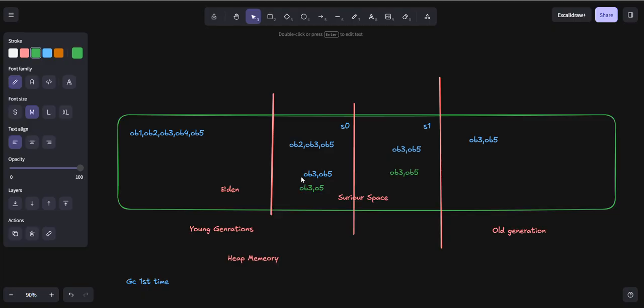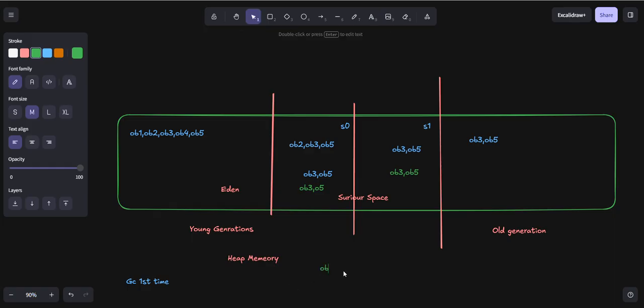The next time the garbage collector runs, it moves them from S0 to S1 because the objects are still referenced. Whenever the garbage collector runs, it gives one number to each object. So this is like 5 times the garbage collector has run.